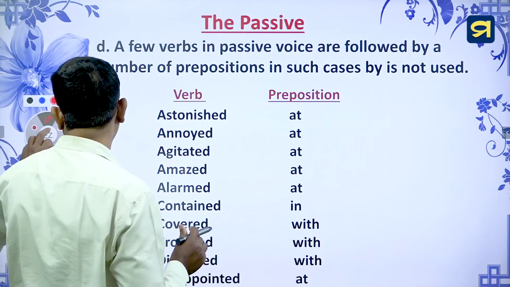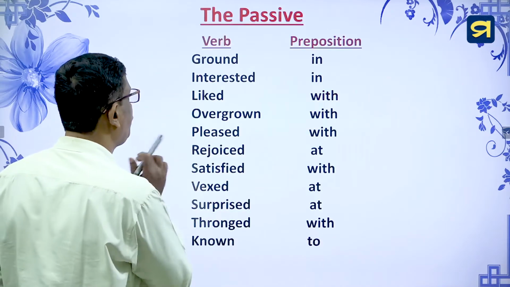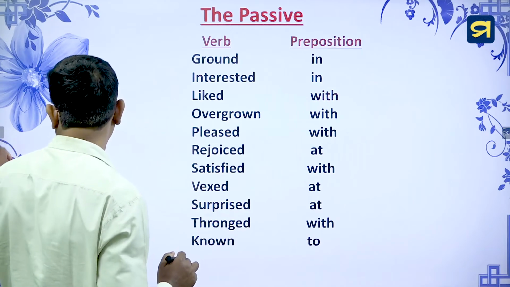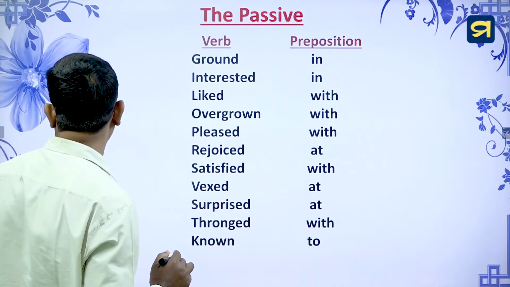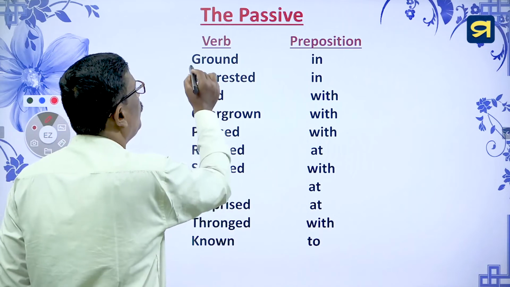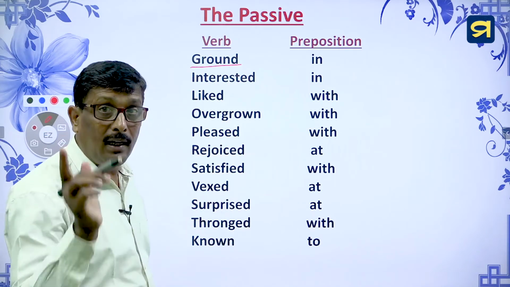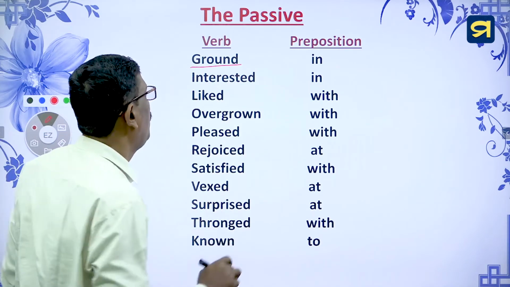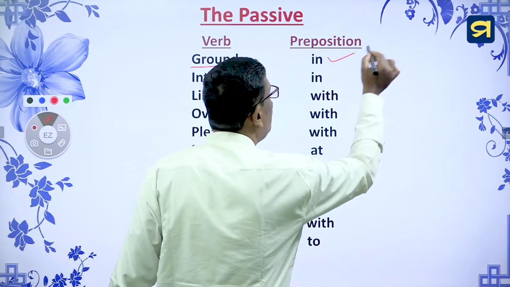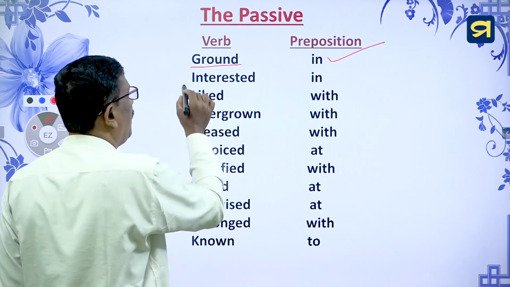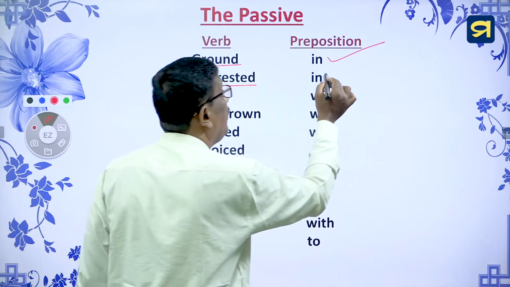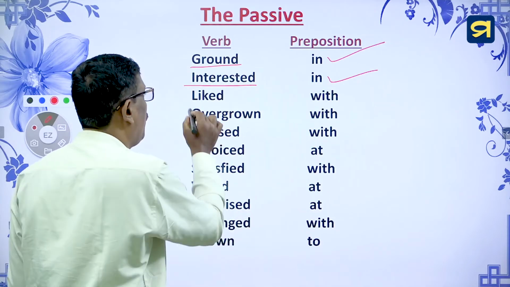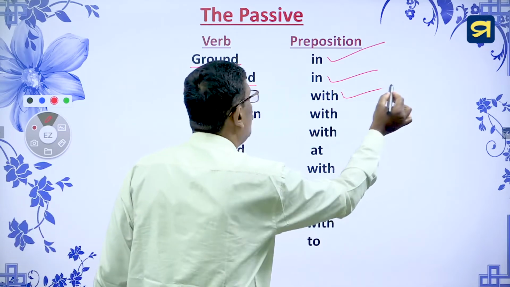We will discuss some more verbs. When you find verbs like what? Ground, grind, ground, ground. That means you have to use in, not by. Similarly for interested, in is used. For liked, with is used.